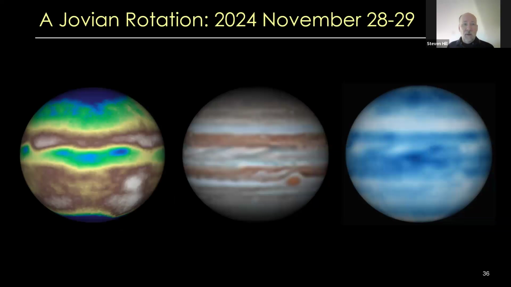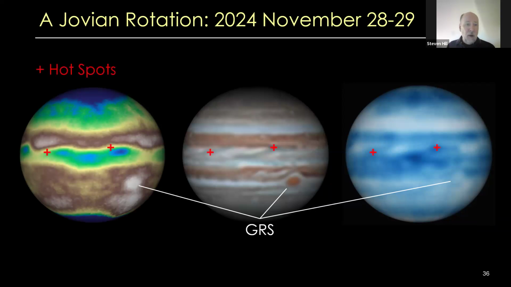So looking at a single Jovian rotation here, or a single map, I put it in an animation. We can see the Great Red Spot, and on the left, we have depletion in ammonia there, and we can see it's a relatively high cloud region there on the limb in the cloud plot on the right. We also see hotspots, which are identified as deeper cloud regions on the cloud plot and in the context image.